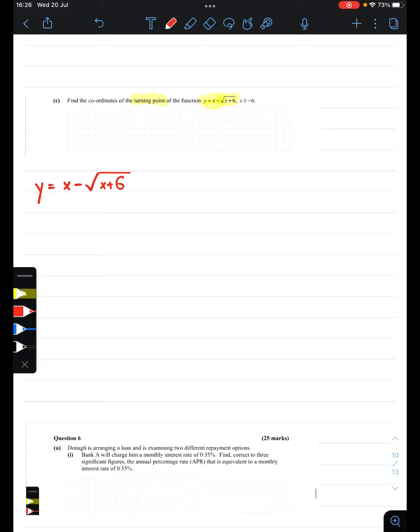Okay, so when you hear turning point, immediately you should be thinking derivative equals 0. Turning point, dy/dx equals 0.